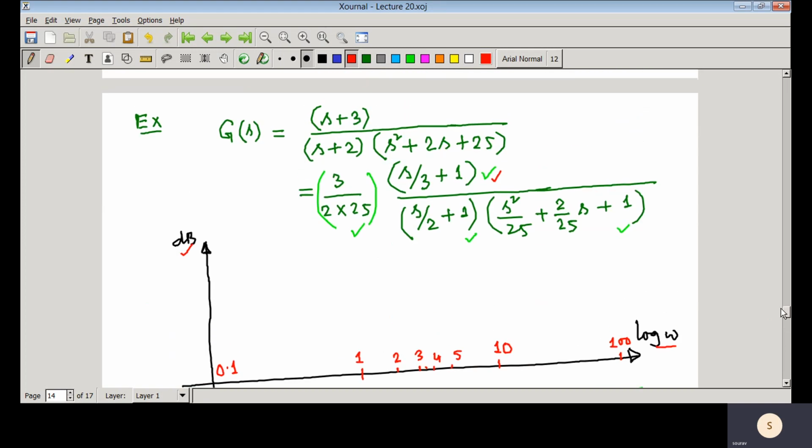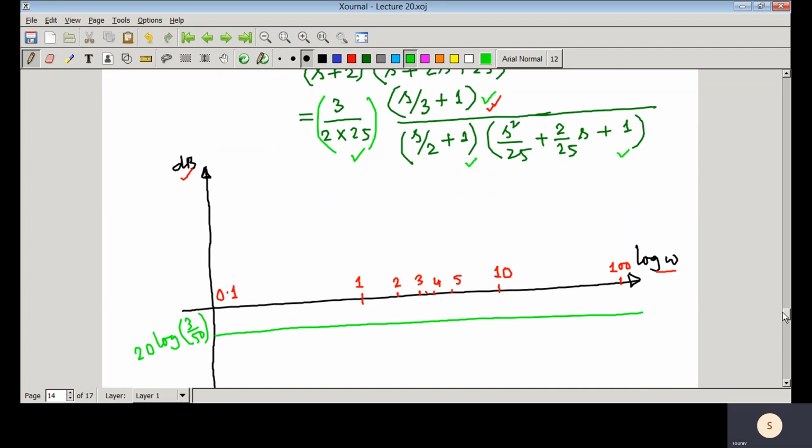Now for the first term, s by 3 plus 1, the corner frequency is 3. So the asymptotic Bode plot is flat up to 3, and then, as it is in the numerator, the plot goes like this, and the slope is 20 dB per decade. So this is the plot for s by 3 plus 1.